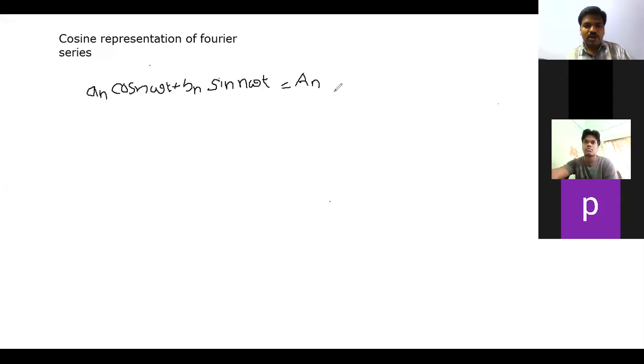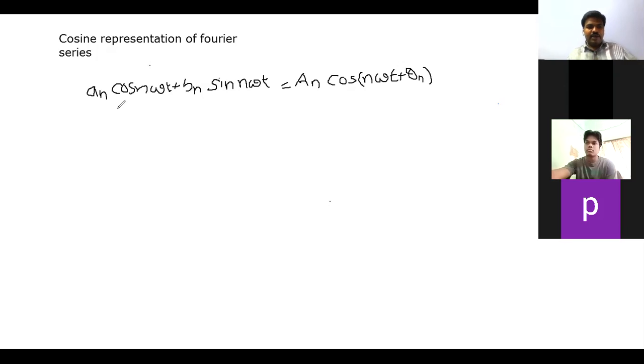Time is running out, so let us quickly complete the cosine representation of Fourier series. This can be written as an into cos of n omega t plus theta n. This is obtained directly from the trigonometric identity.